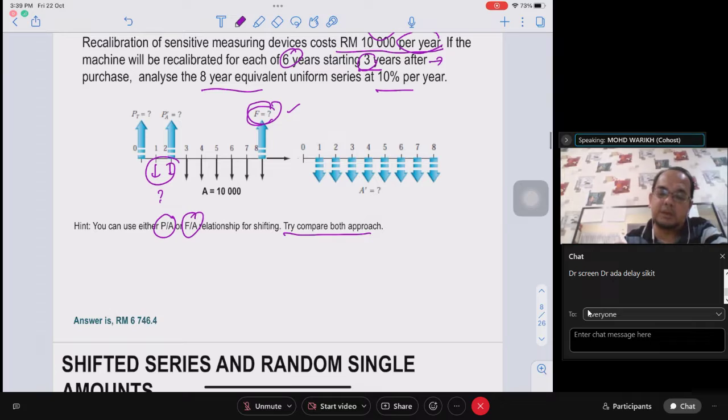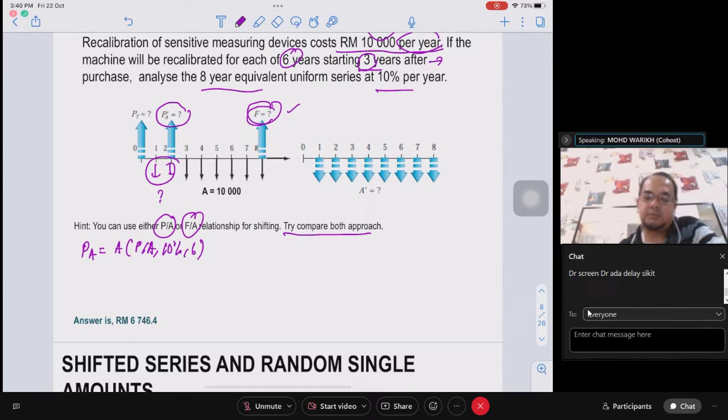Here, P/A at 10%, 6 years: 1, 2, 3, 4, 5, 6.